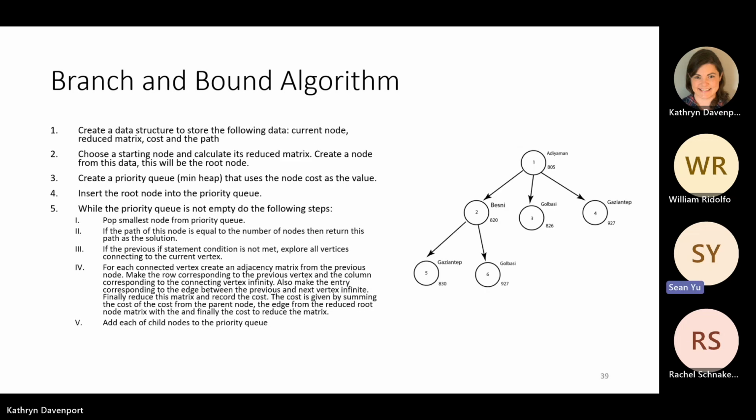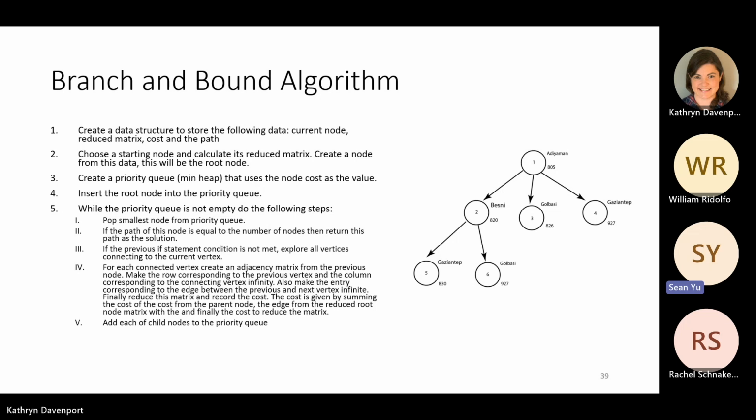So over here, I just have the pseudocode for the branch and bound algorithm. But in the interest of time, I'm just going to explain it using the example of our case study. First, you start with a node that you choose, and then you consider all of the edges.